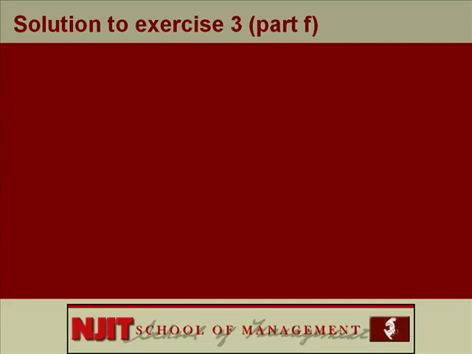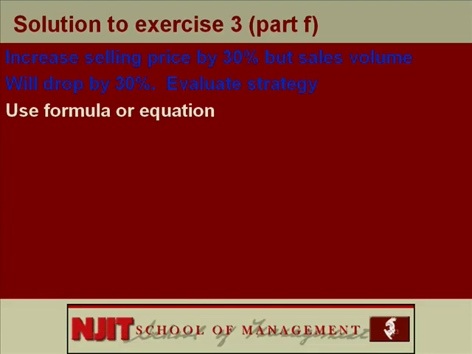Part F, they want you to evaluate a strategy. If they increase selling price by 20%, the sales volume goes down 30%, but whoever suggested it believes it's beneficial for the company. So let's figure out the profit if you follow this strategy. Use the formula or equation, doesn't matter.